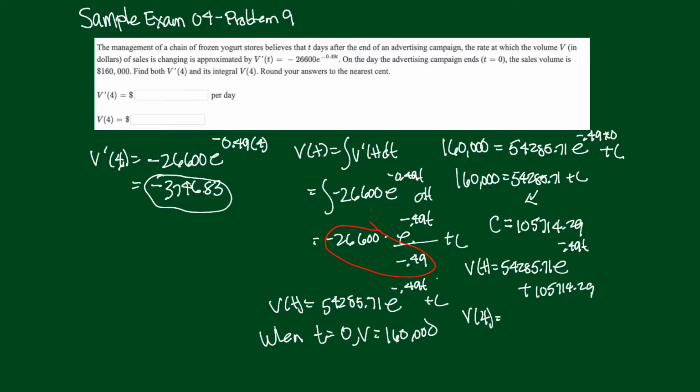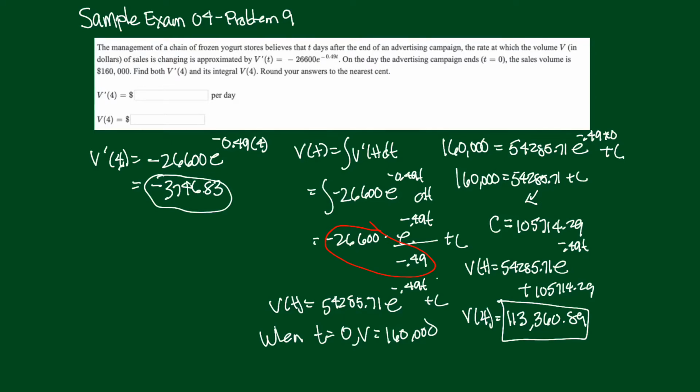And I did that on Wolfram Alpha, and I got 113,360.89. All right, so that's what I'm going to say I get at 4 days out.